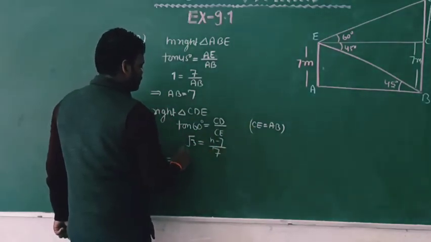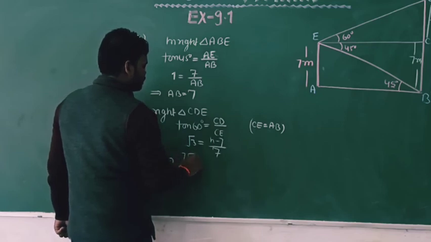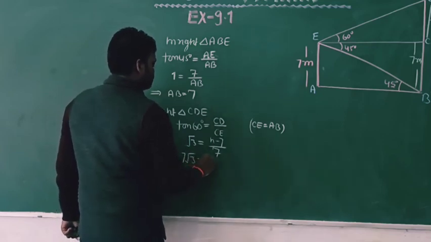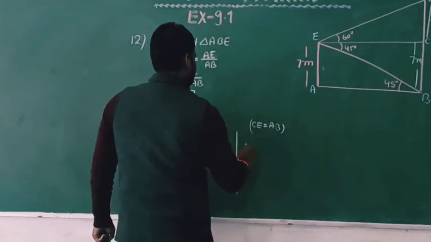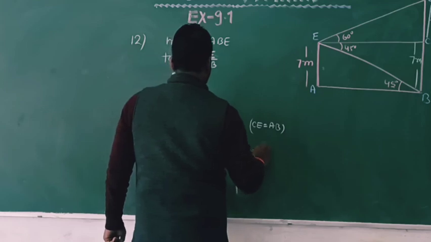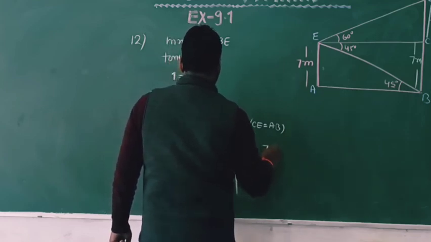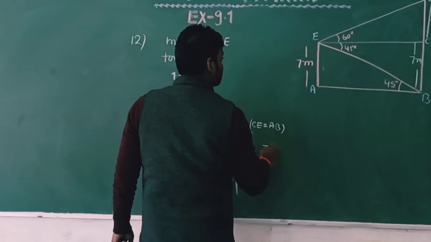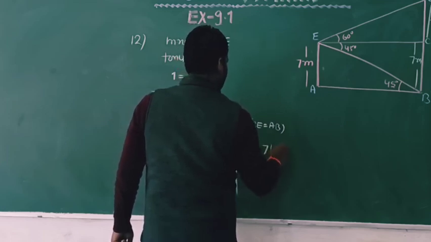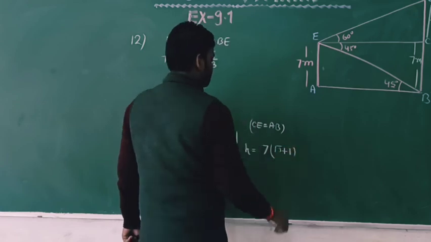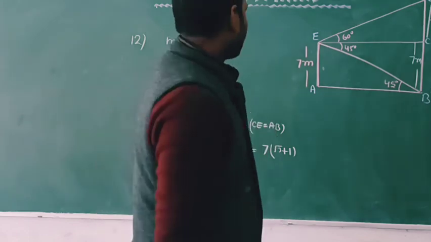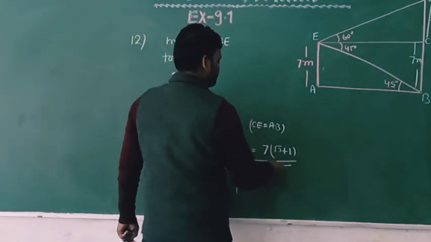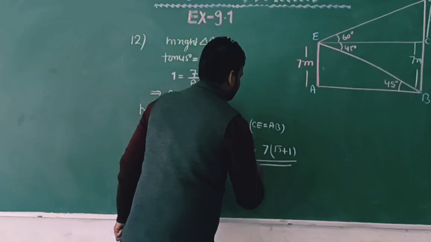Now cross multiply, so we get 7√3 equals h minus 7, and h equals 7(√3 plus 1). So this is the required height of the tower.